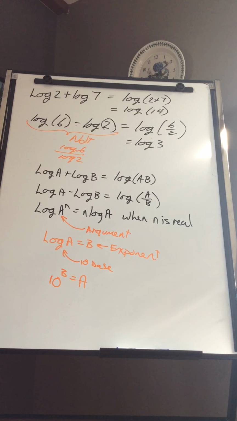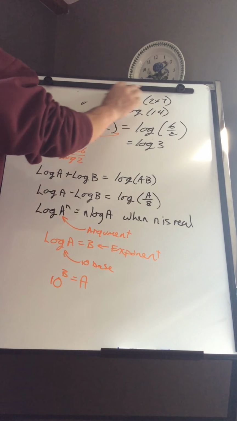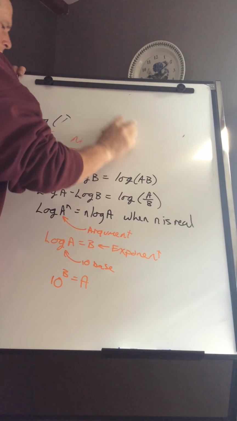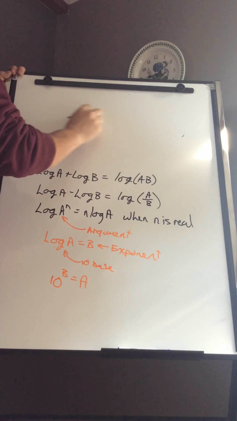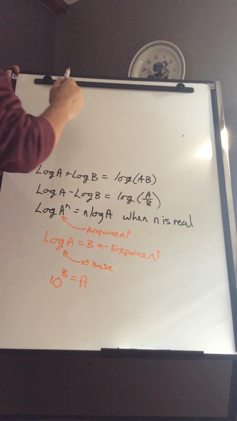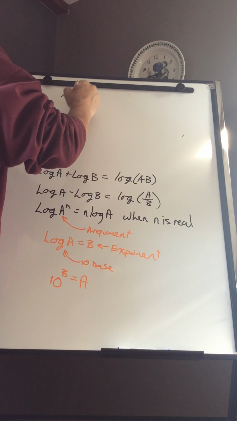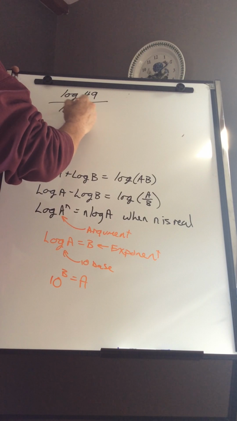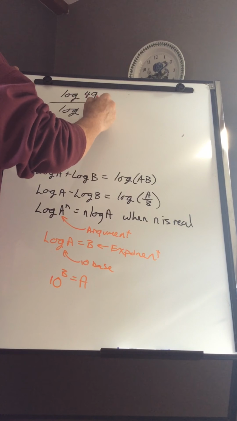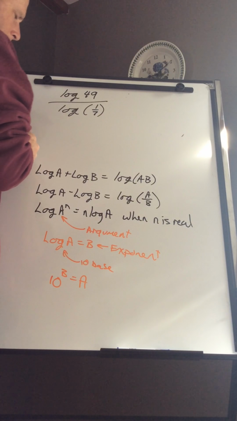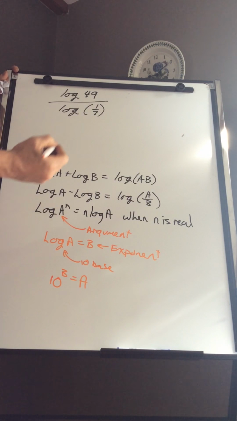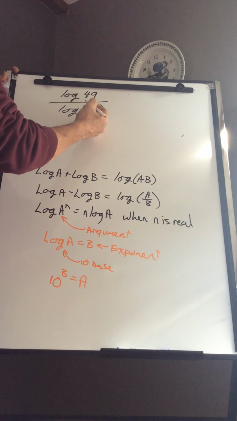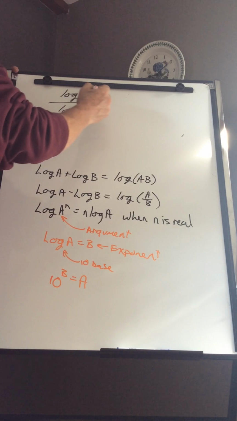Now, I think the next one is log 49 divided by log 1 over 7. How are we going to deal with that? What we want to do is try and figure out some way to simplify this.